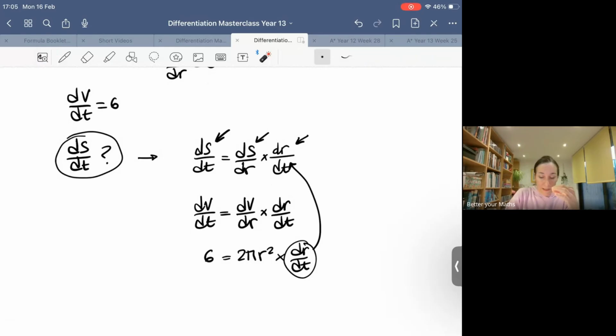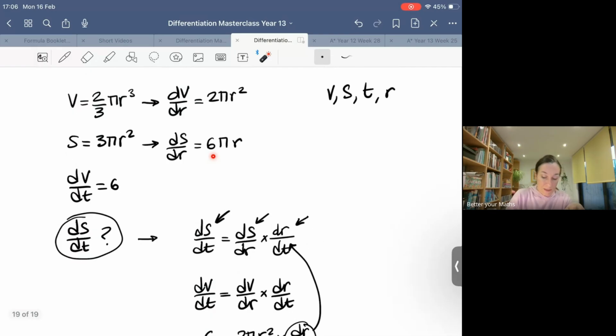So to write the chain rule in these type of questions, you have to remember that you're using just some variable in the middle. And to know that variable in the middle, you just go to your question and see what you have. So if I need ds by dt, I need to differentiate ds with respect to something else, and then that something else with respect to t. So this and this must be this and this. In this case, I have s in terms of r.